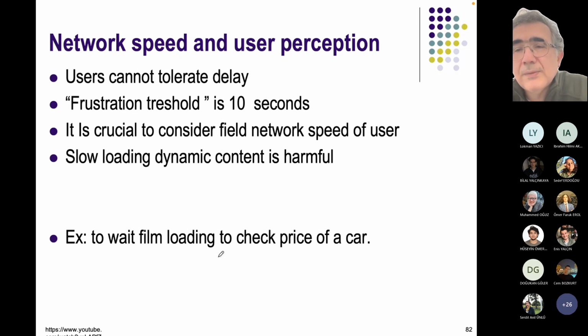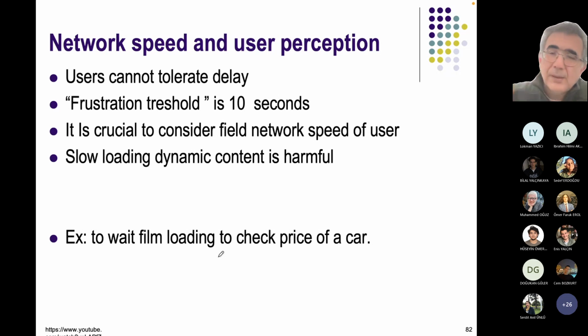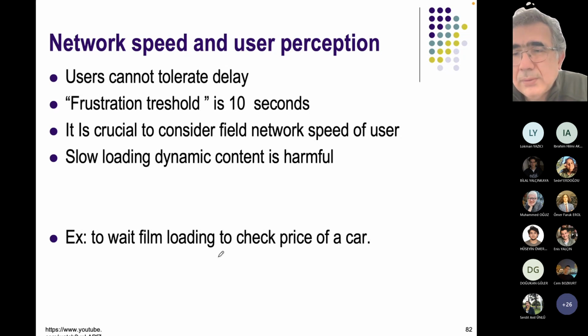The frustration threshold time is 10 seconds. After 10 seconds, you give up. So it is crucial to consider the network speed of the user. Dynamic content reloading, rotating disks, rotating animations, preloading. These are very harmful. Try to show content as soon as possible because it feels fast.